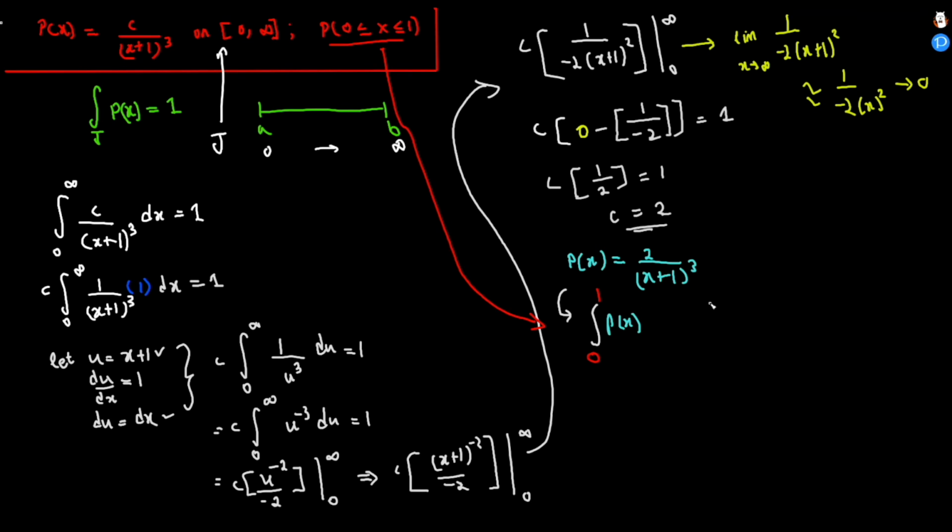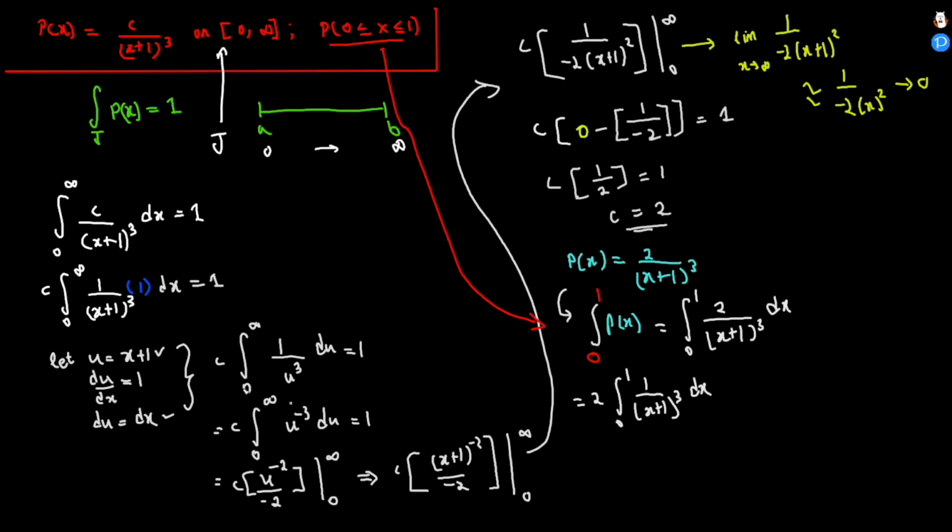Which equals the integral from 0 to 1 of 2 over (x plus 1) cubed dx, right? And we can take this 2 outside, which is 2 times the integral from 0 to 1 of 1 over (x plus 1) cubed dx, right?